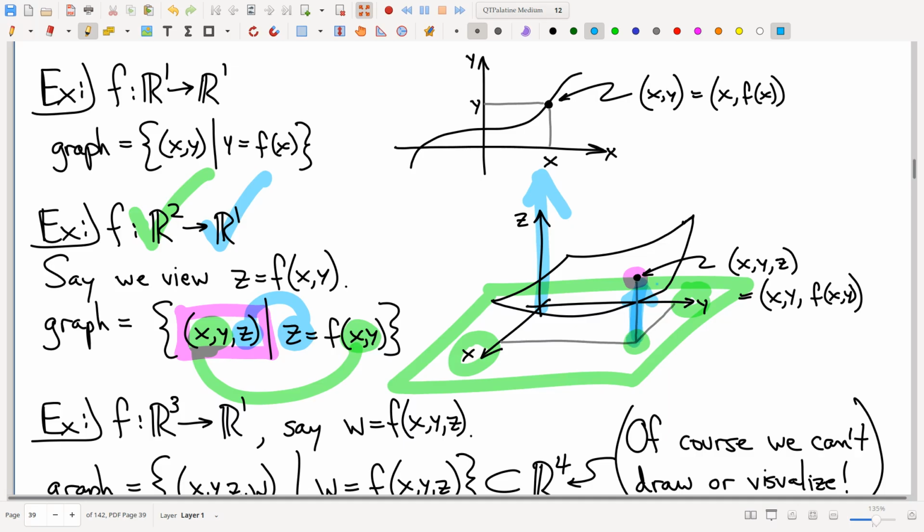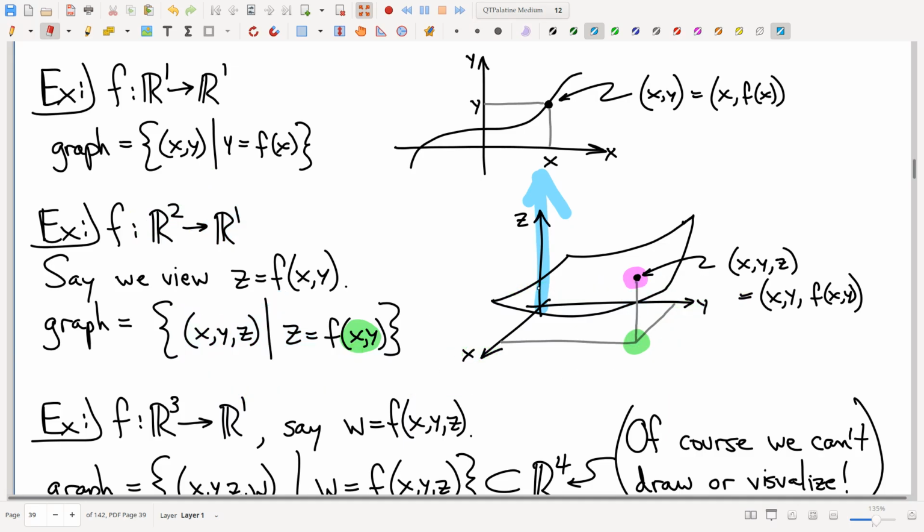Okay, so if you do that for every possible input, right? For every point in the plane you move upward by the amount specified by the function, for every point in the plane you do that, you get a bunch of points up here in space that make a surface.